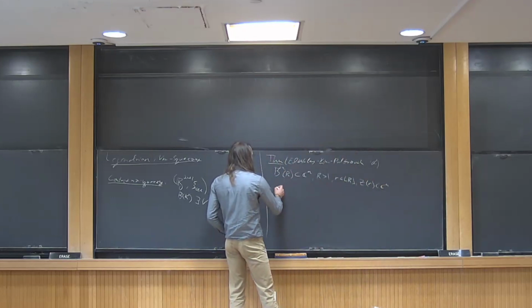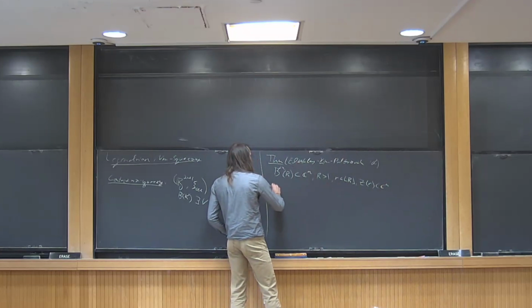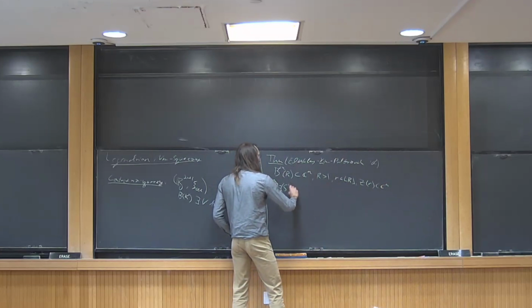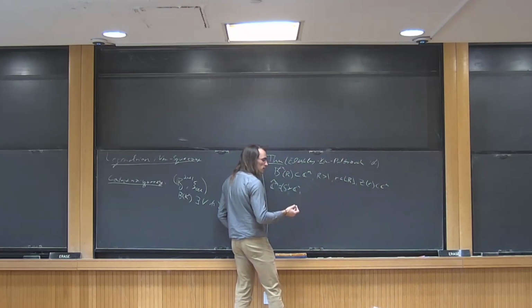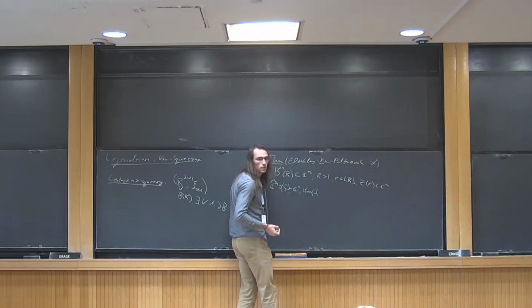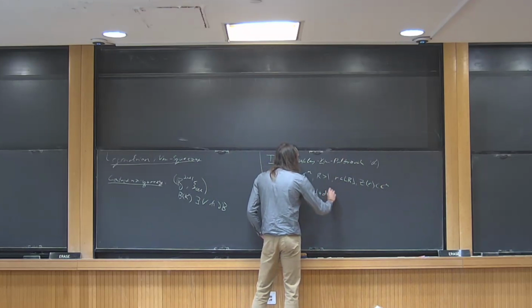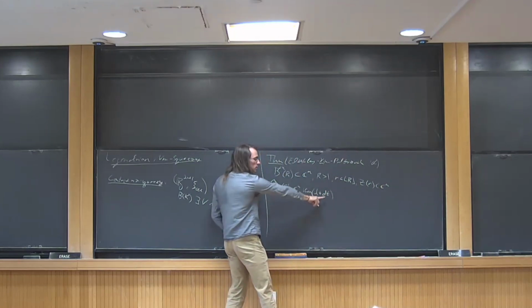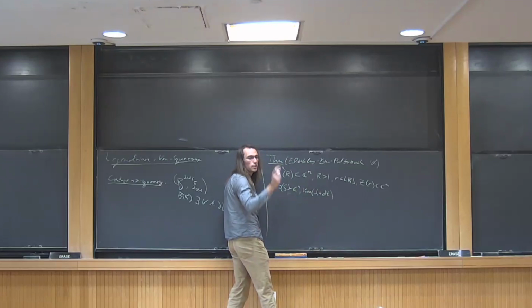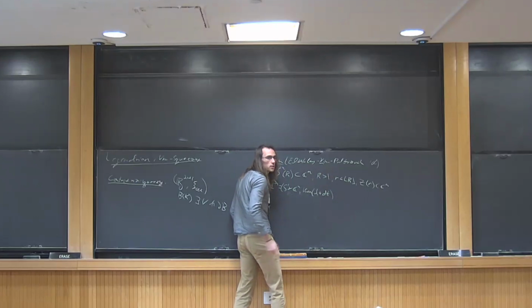Now I look at lifts of these to the pre-quantization of C^n, that's S^1 cross C^n with contact structure given by the kernel of your favorite Liouville form on C^n plus a non-vanishing one-form on S^1, which I will take to have total integral 1, just as a normalization.